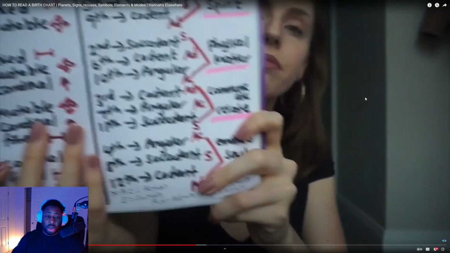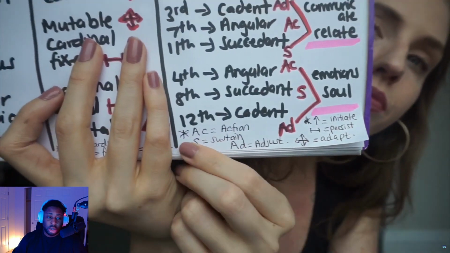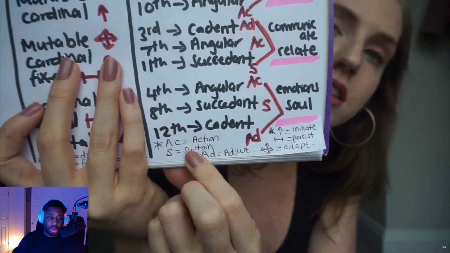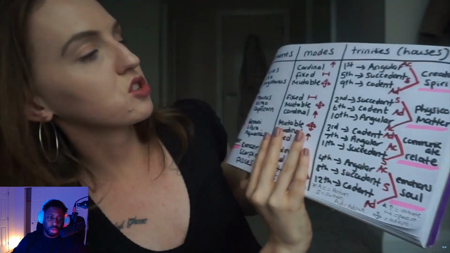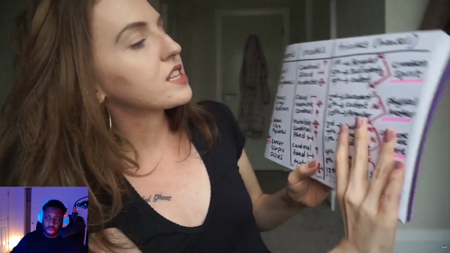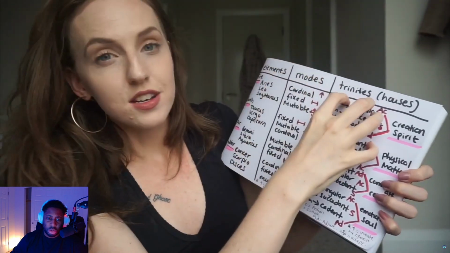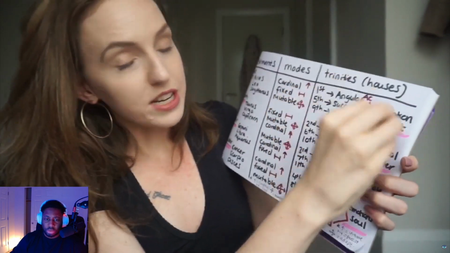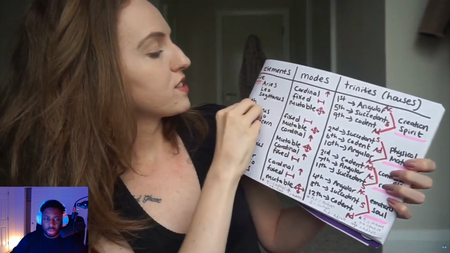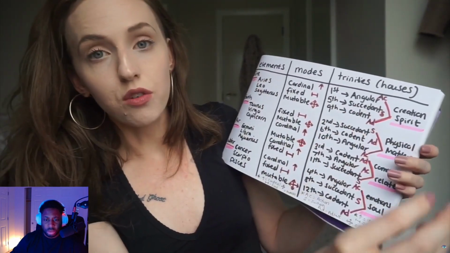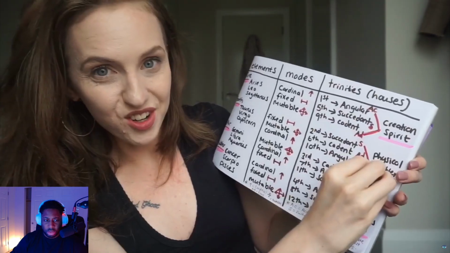Then at the bottom here again, we've done the little star, and that keeps us on track. And then to finalize it, as a collective, as a whole, fire signs, fire houses, the trinity of creation and spirit. Earth signs, earth houses, the trinity of the physical and matter.